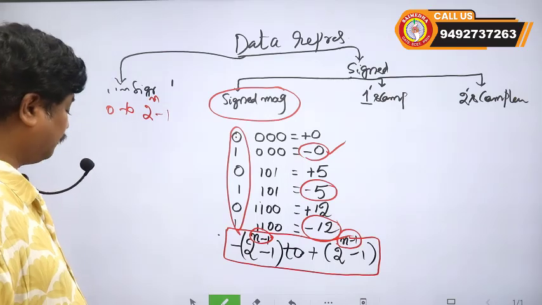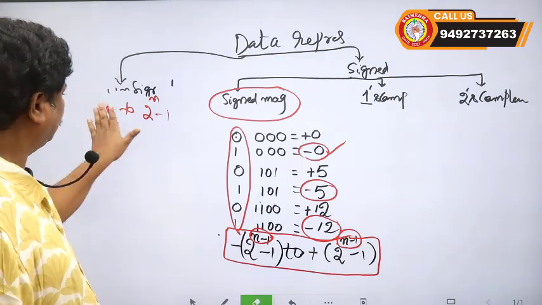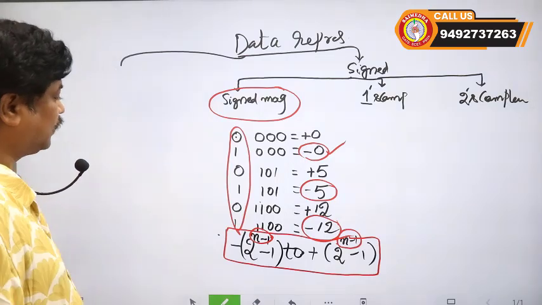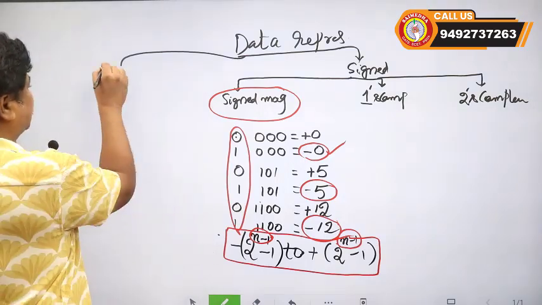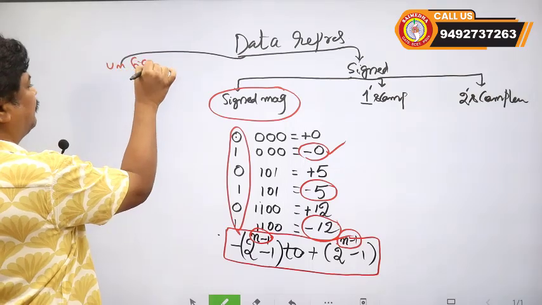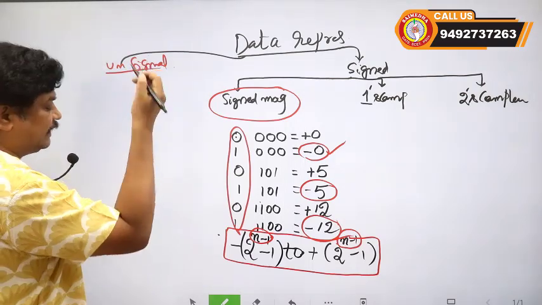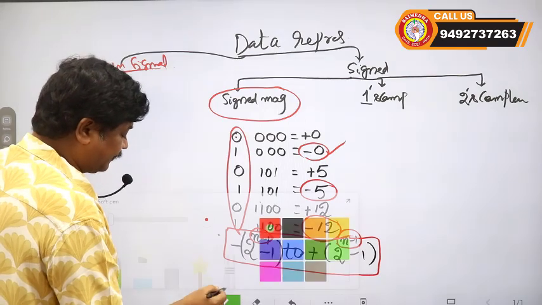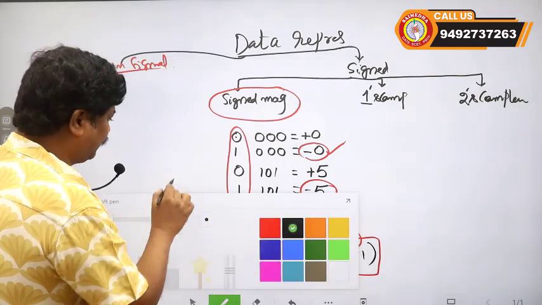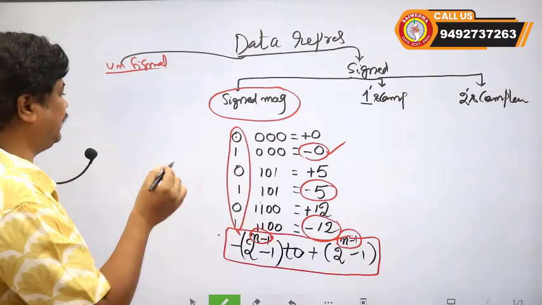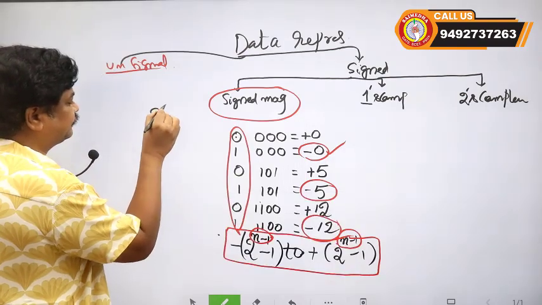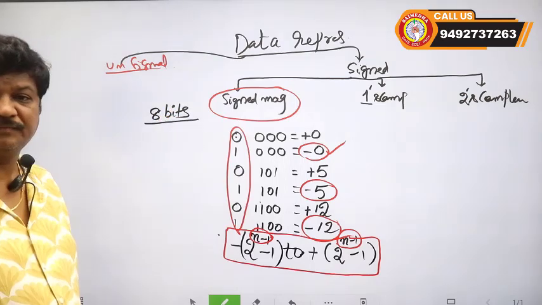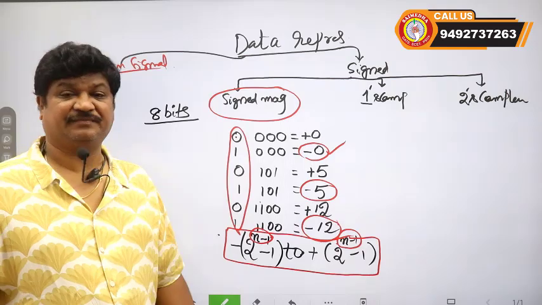Now, my question here is, of course I am erasing this one. This is unsigned magnitude, you keep it like that only. That is different. Now, coming to this situation, if I have 8 bits, what is the range?